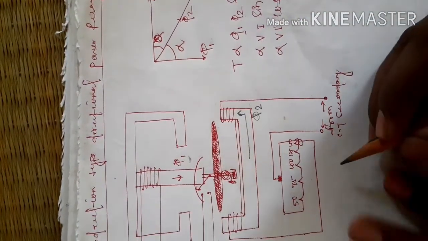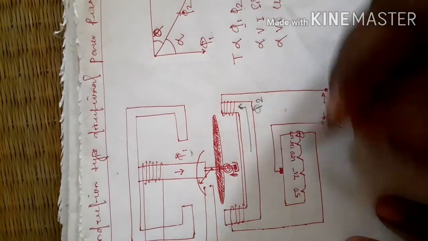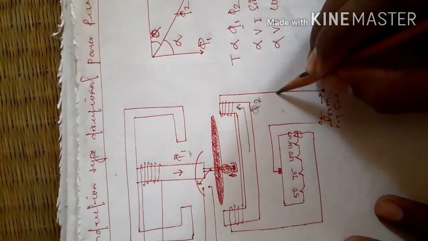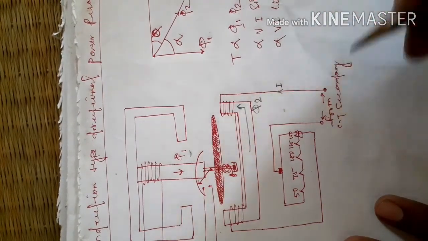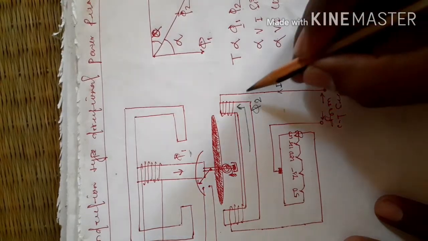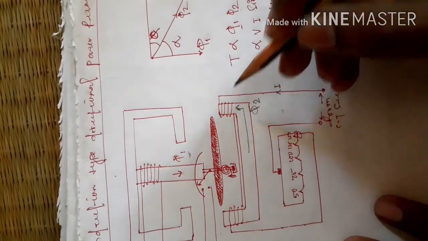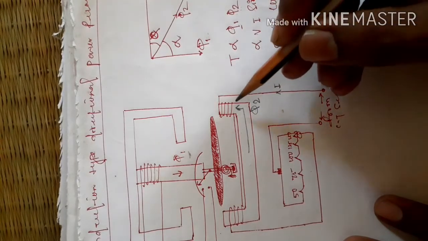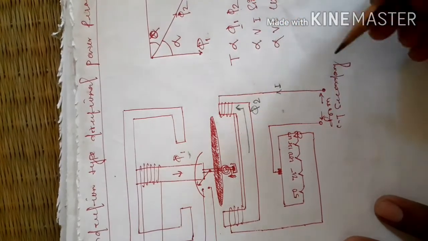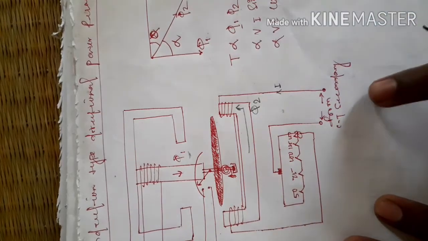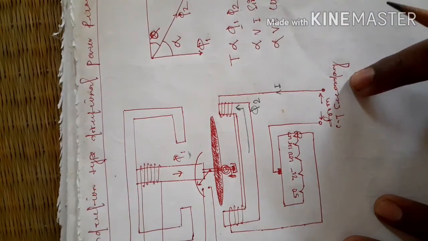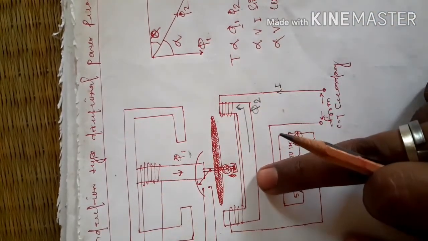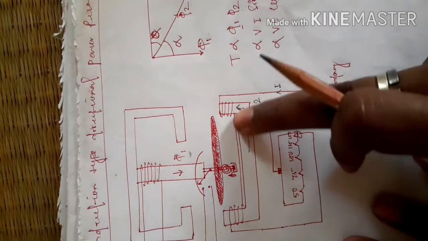Similarly, suppose I amount of current is flowing from this CT secondary to the lower electromagnet coil.